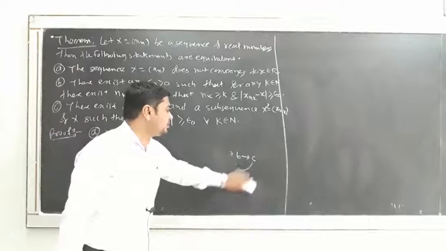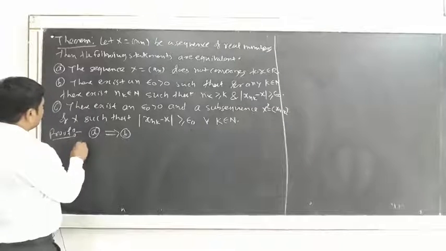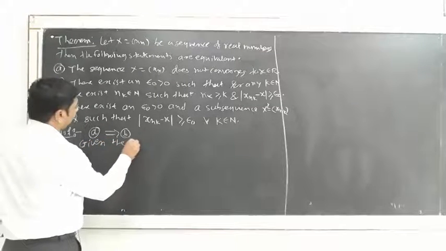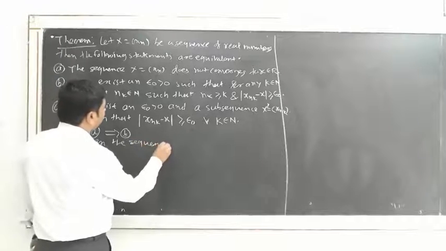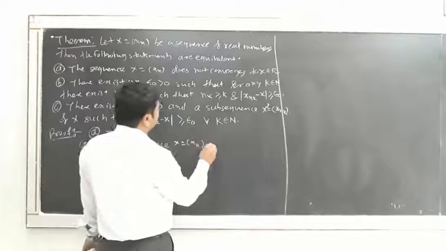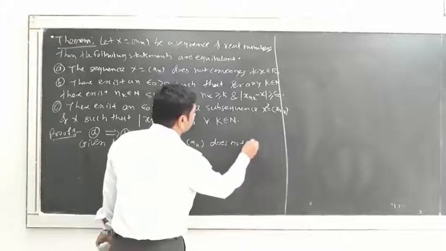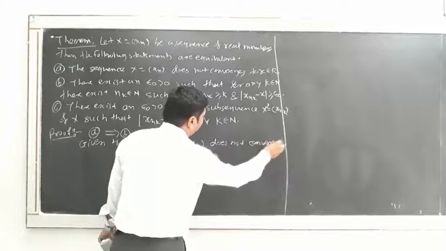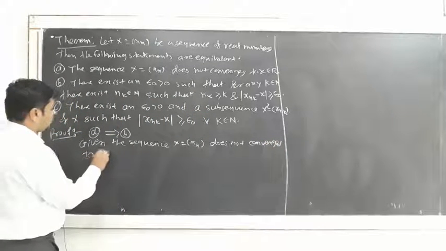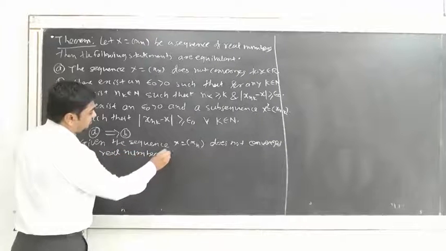What is the statement given? What is the first statement given? The sequence X equal to xn does not converge to the real number x.